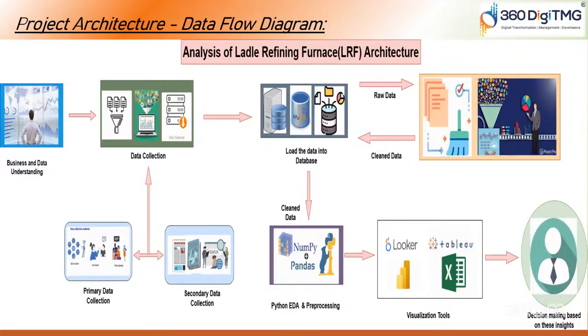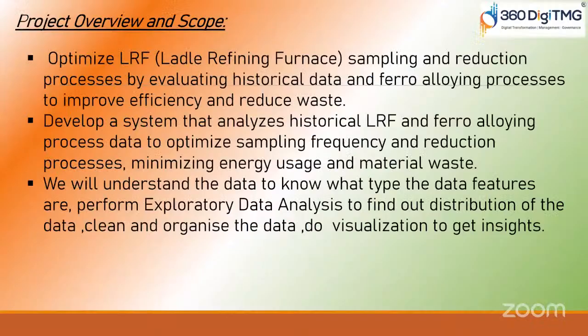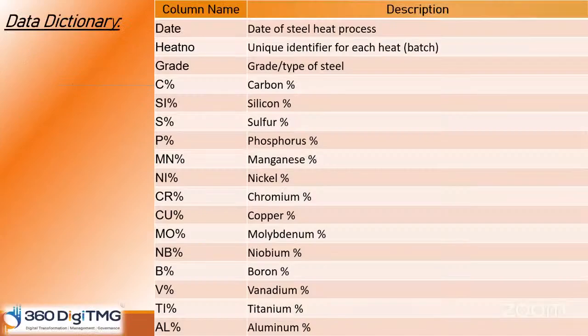So here is a research article. Here you can see the data set has over 2,600 rows and 35 columns. It records the elemental composition before and after LRF treatment, and it includes the targeted composition.